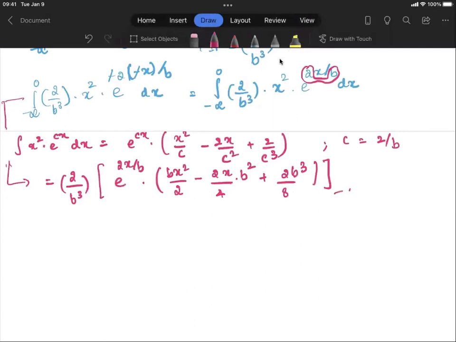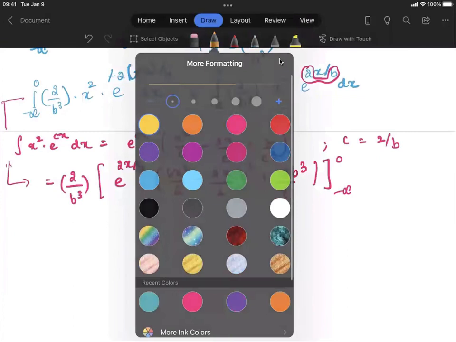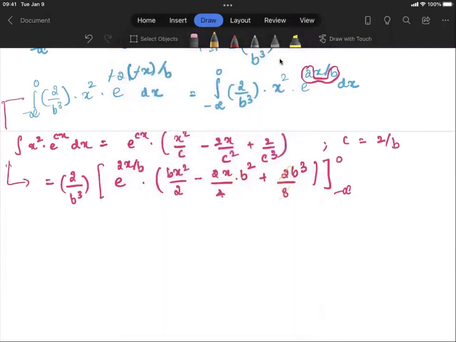And now I have to apply the limits, negative infinity to 0. So the 2 ones and 2 fours cancel.